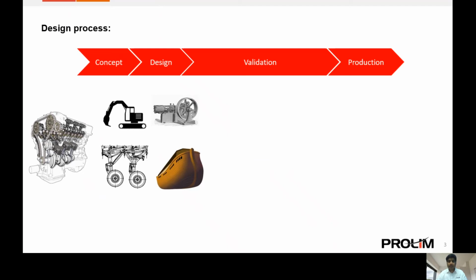And then the hull of a ship, again, it is going to work with the fluid in the sea or in any domain, right? So these are all typical applications which we really deal with, not like the cantilever beam.